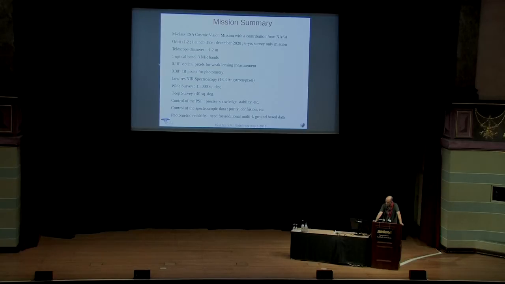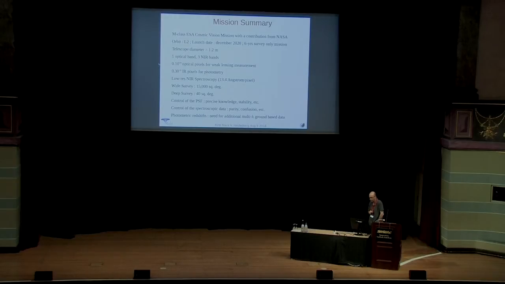The wide survey is 15,000 square degrees, the deep survey 40 square degrees, and certainly very strong requirements for designing the mission were the necessity to control very accurately, very precisely, the point spread function for the weak lensing measurements.